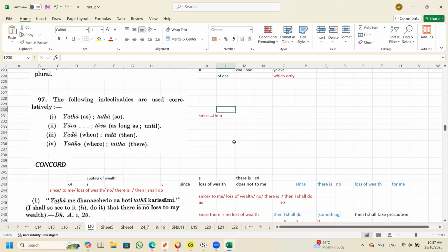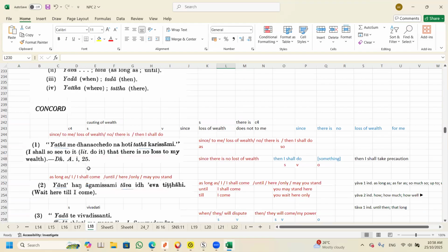Right. Okay, here. Yatame. This is a compound. Dana, chedo. This is supposed to be the subject. Chedo, hoti. Now this you can see is hoti. So, tata, karisami.